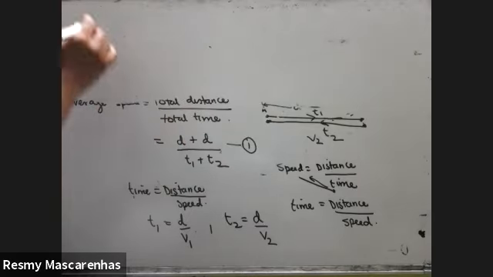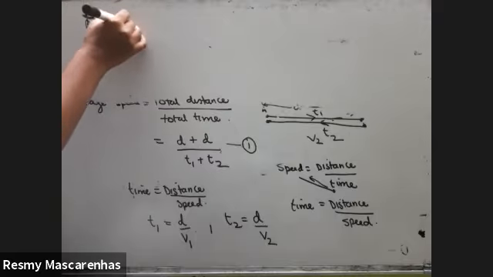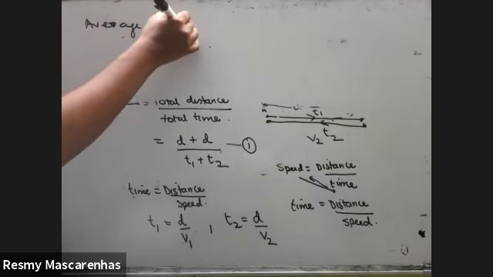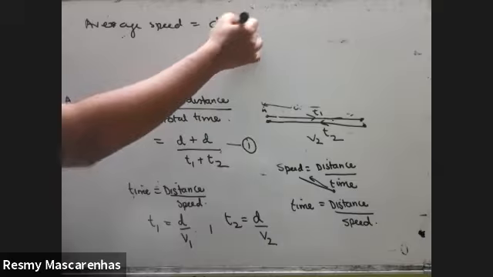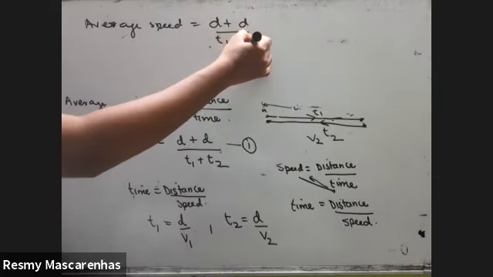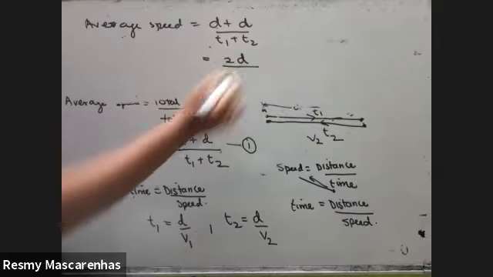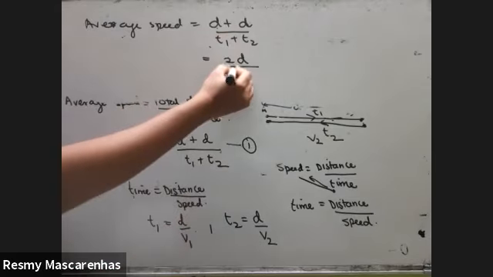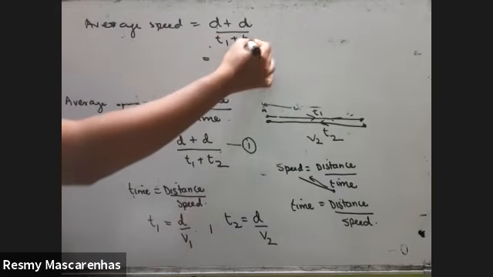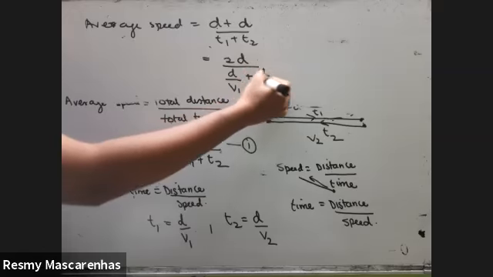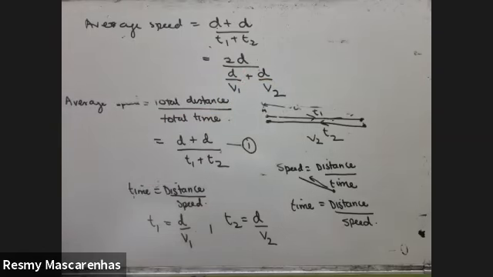So what is this? Average speed. I'll write it again. So this anyway will give me 2D. Instead of T1, D upon V1, and instead of T2, I'll put D upon V2. So now T is gone.